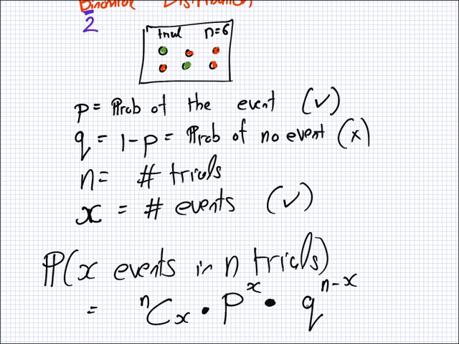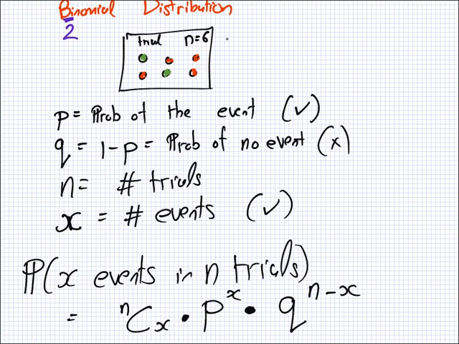Now I think the formula book maybe writes q, or maybe it actually writes 1 minus p. I'm not sure. I'd have to open it up, but I'll write it as q just to make it a little shorter. N minus x, like that.